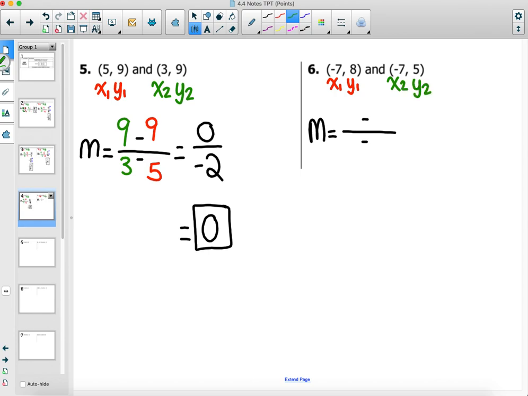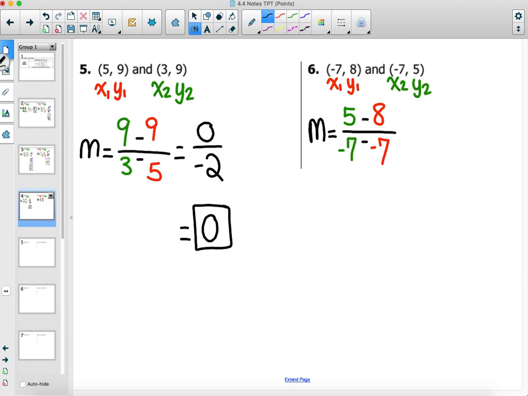So the top of the fraction, the numerator, I would be subtracting the 5 and the 8, the y2 minus the y1. And the bottom of the fraction, I'd be subtracting the x's, so the -7, the x2, minus the x1, which was a -7.